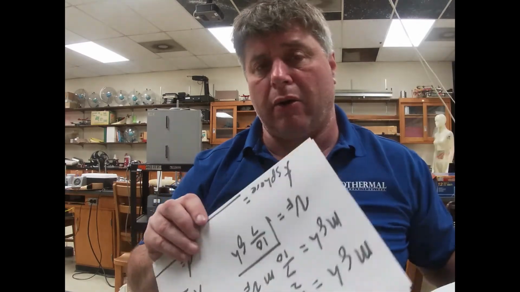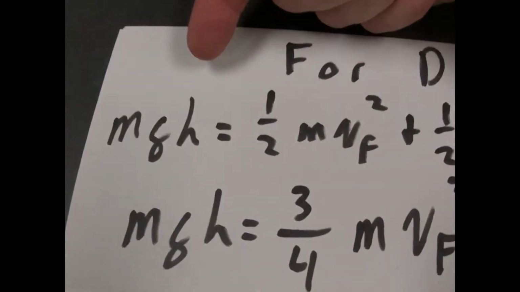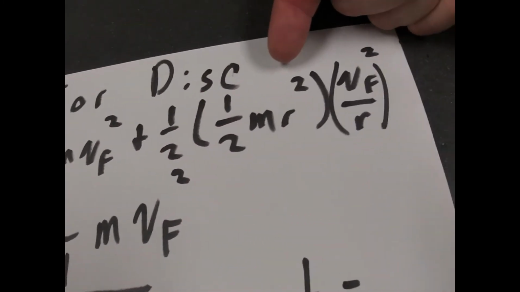But we can go ahead and go over the theoreticals for the disc and the sphere while we're on the subject. So let's go over it for the disc. For the disc, you have almost an identical energy statement.